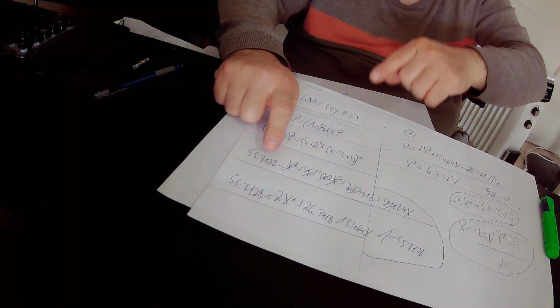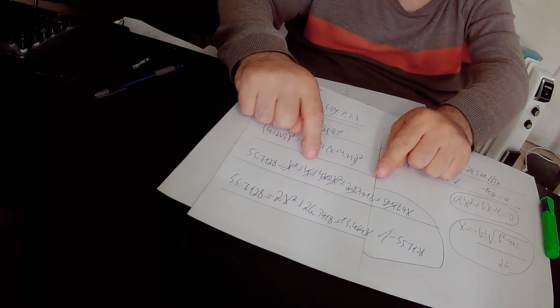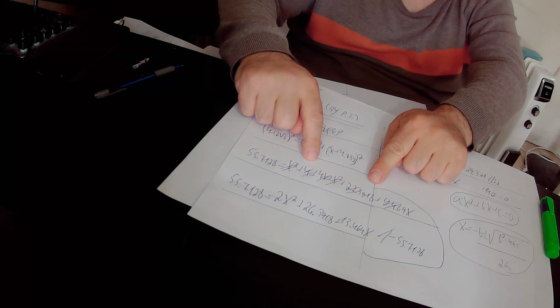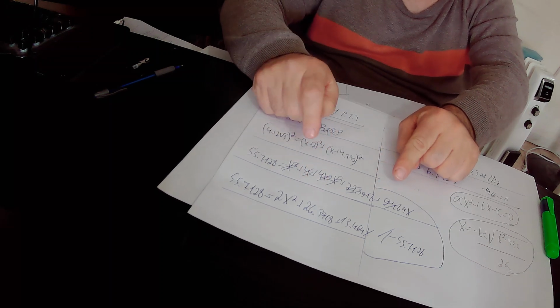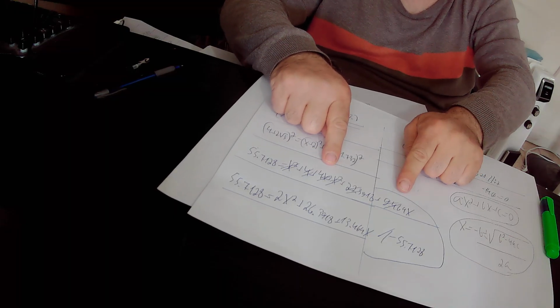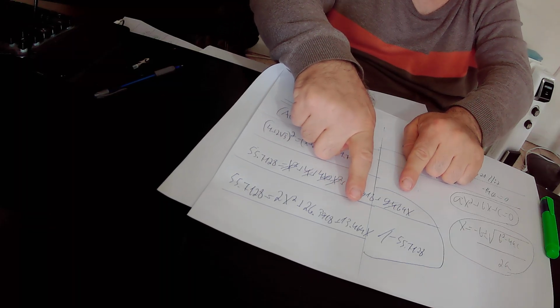So actually we found out that 55.7128 equals x² plus x², that is 2x². Here we have 4 plus 22.3918, that is 26.3918. And finally we have 4x plus 9.464x, that is actually 13.464x.